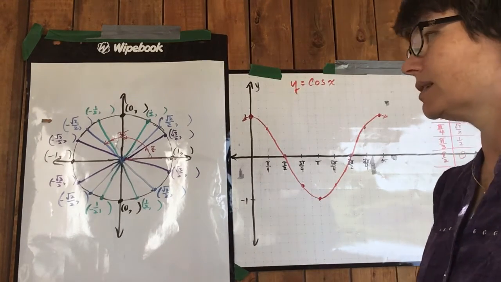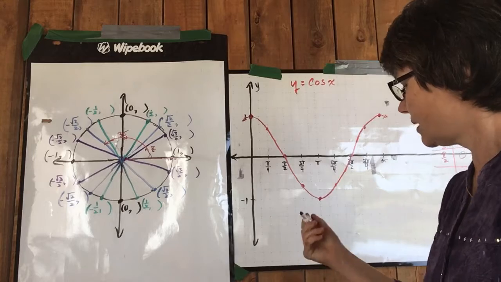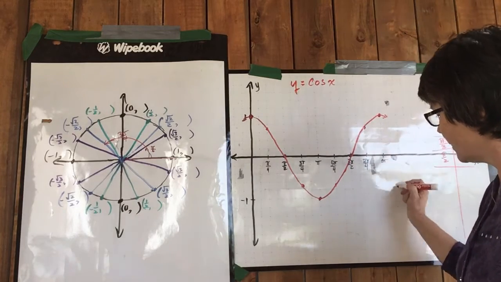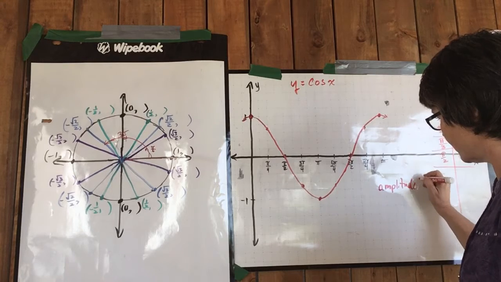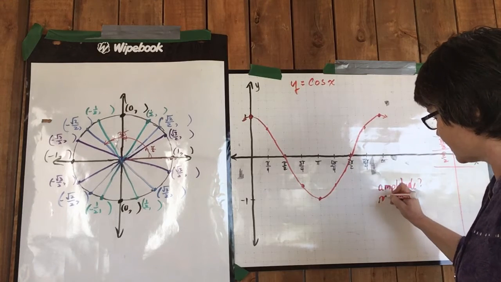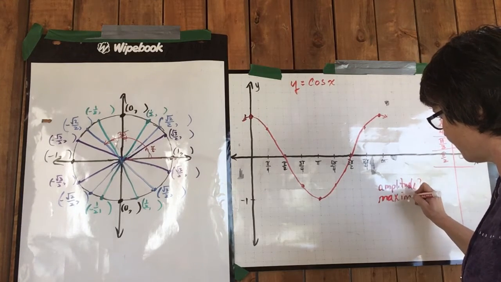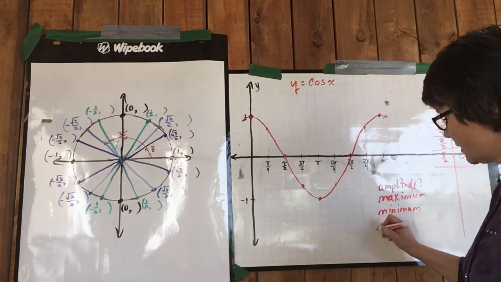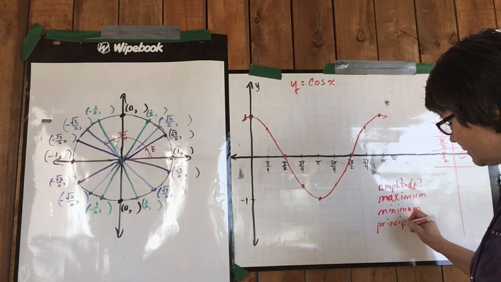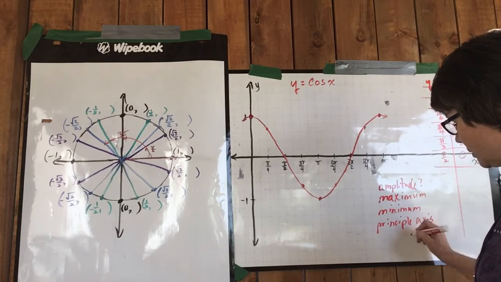Okay, so let's talk a little bit about y equals cosine of x. How big is the amplitude? What is the maximum and minimum? What is the principal axis? And what is the period?